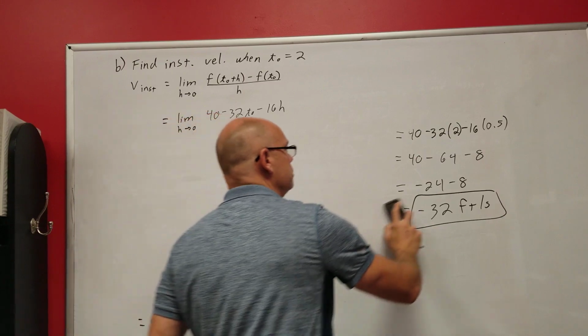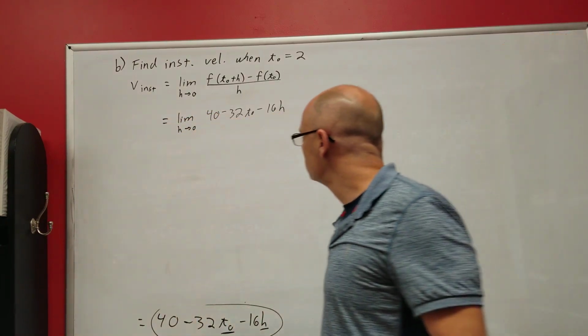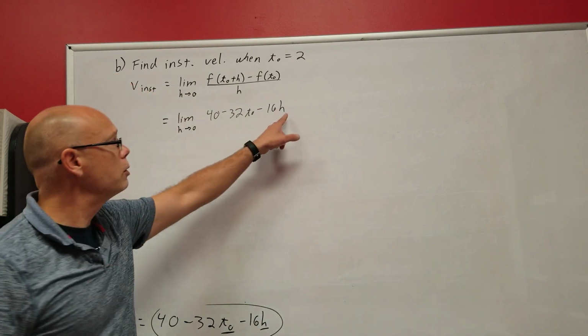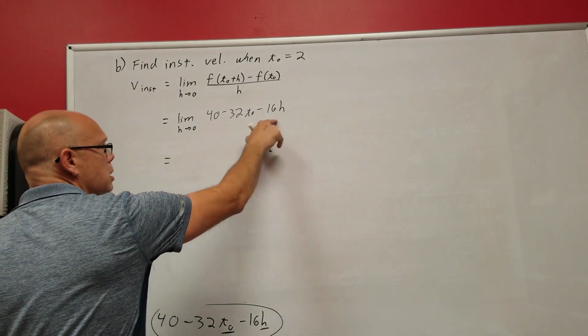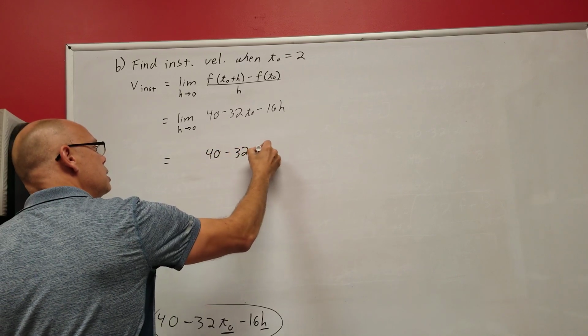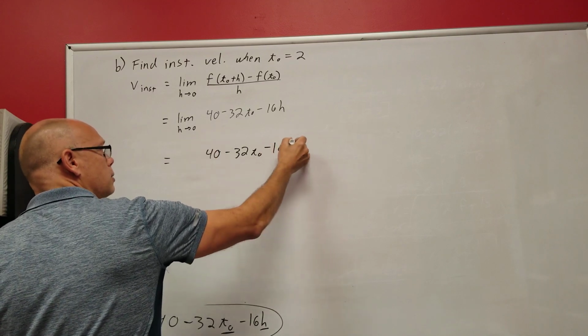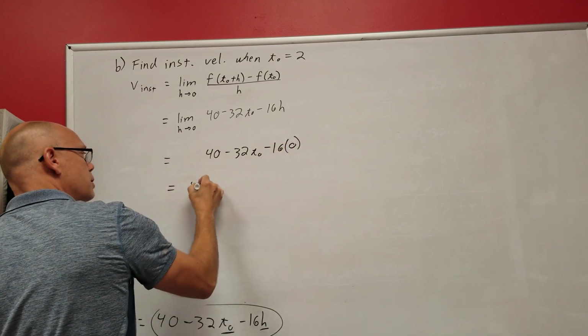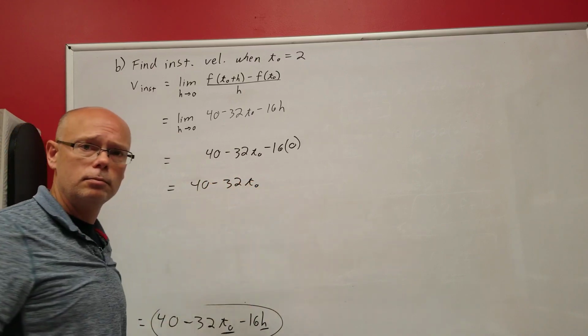Well, let's see. Can I evaluate this limit? Yeah, I can sub in 0 for h and I'm okay, because that's just really a polynomial. 40 minus 32 t naught minus 16, h is 0 here. So that gives me 40 minus 32 t naught.